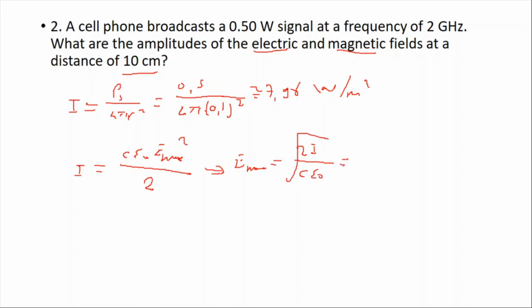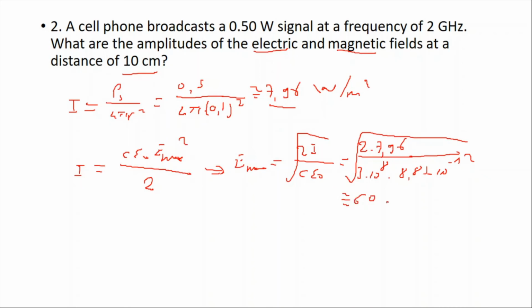If we plug in every term, it will be the square root of 2 times the intensity, 7.96, divided by C, which is 3 times 10 to the 8, times epsilon 0, which is 8.85 times 10 to the negative 12. Calculating this value gives us approximately 60 volts per meter.